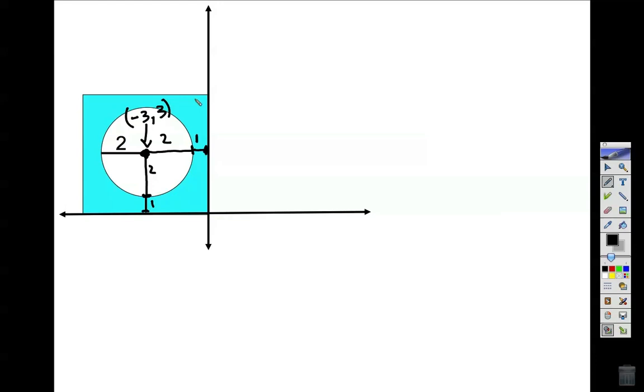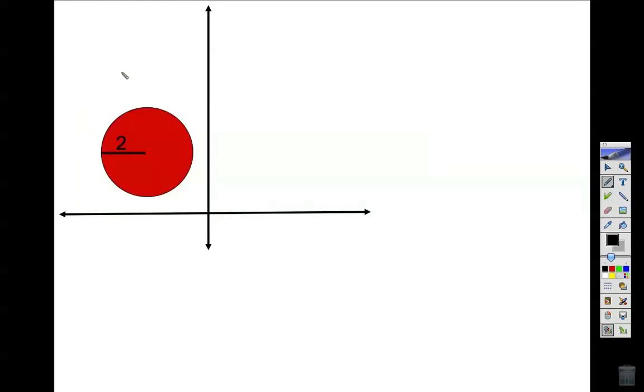Okay, let me make this a little bit better to see. All right, and I'm using red here as opposed to the blue in the other one because, again, this was a removable area. We are going to remove it. In this case, in the table, since we are removing area, this area is going to be represented as a negative value. So area of a circle is equal to pi r squared, which is pi times 2 times 2.